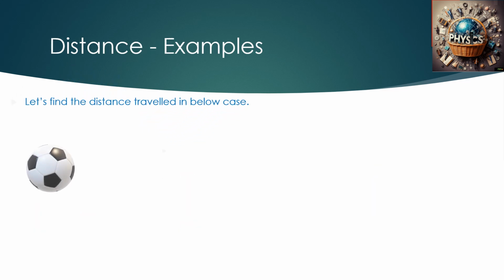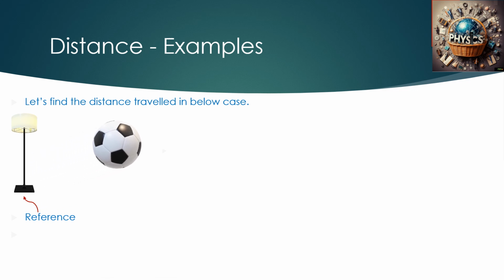Let us consider another example and try to see what is the distance traveled by a ball when we have a reference point and the ball is not moving in a straight line, rather it moves in a zigzag way. So as we know already from the definition of distance, the total distance traveled by an object will be equal to nothing but the total length of the path of the trajectory.